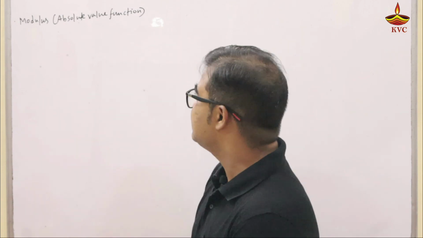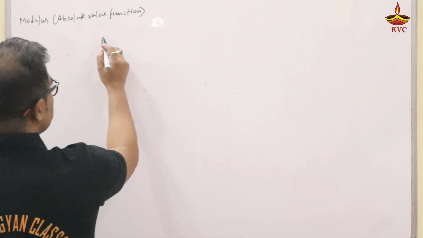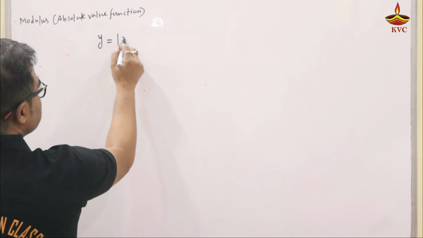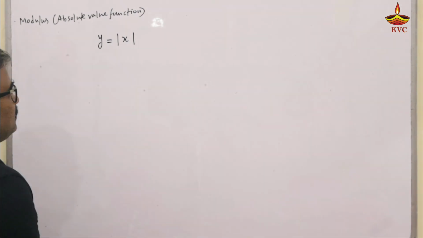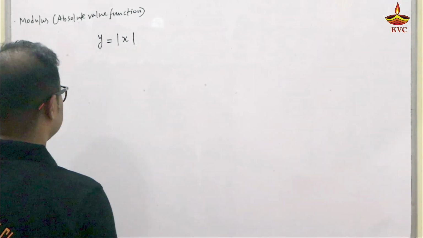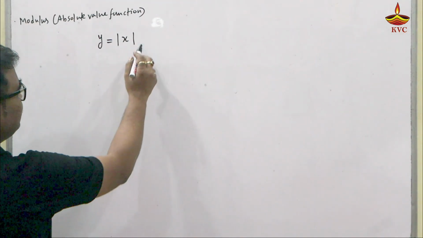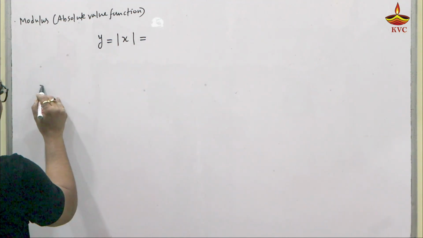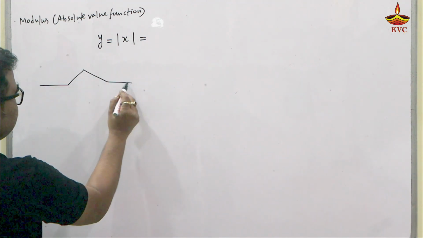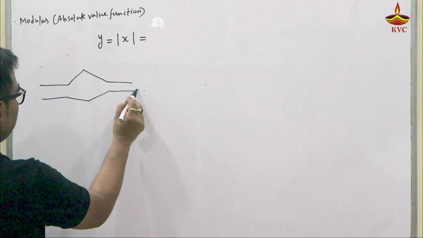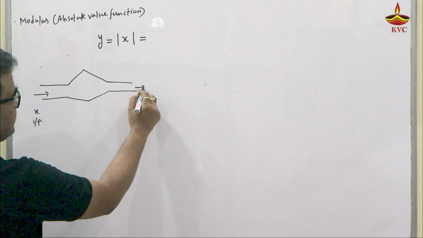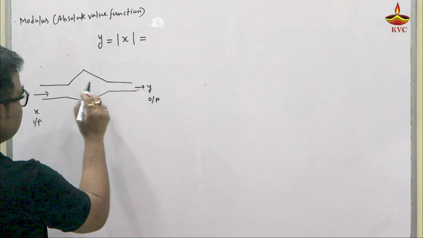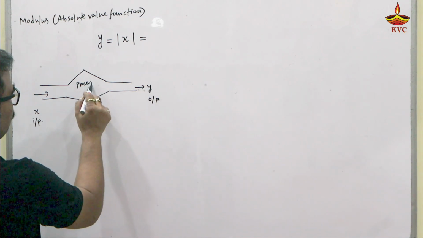It is denoted as y equals modulus of x. This parallel bar is what we call mod x. Y equals mod x. Basically it is something like a machine where your x is the input while y is the output, and there is a process chamber, and that is the rule.